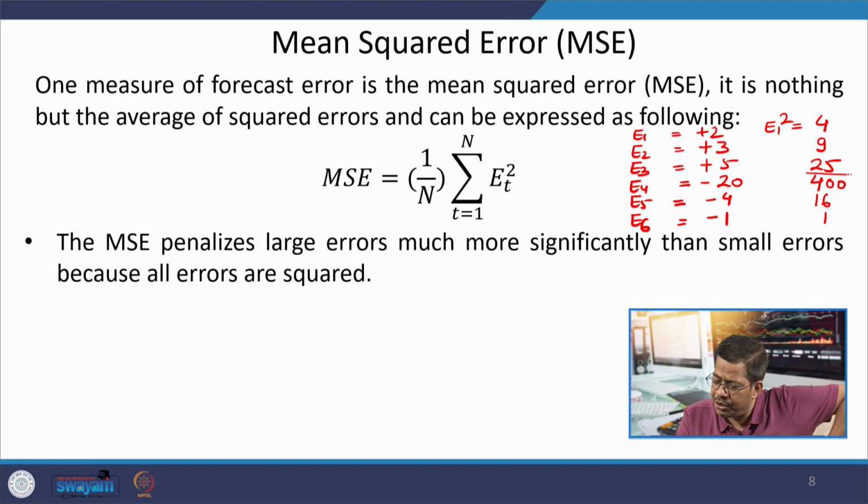Now, when you take the average of these square terms, this average will significantly jump because of this one outlier 400.